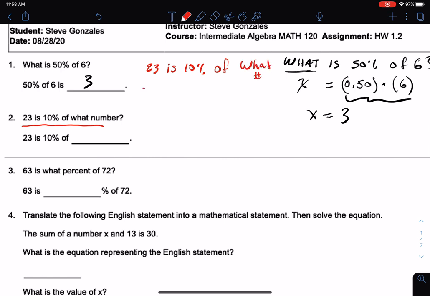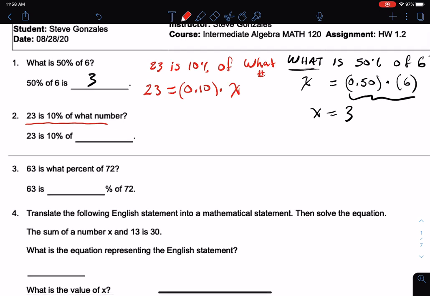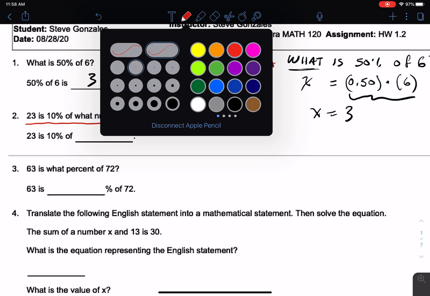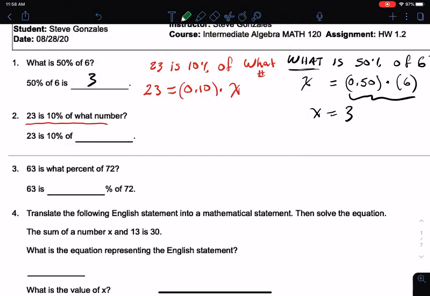That would be: 23, "is" equals, 10% written as a decimal, "of" means you multiply, and "what number" would be x. So now we have a nice algebraic, systematic way of doing this, an equation we can solve and isolate for x.